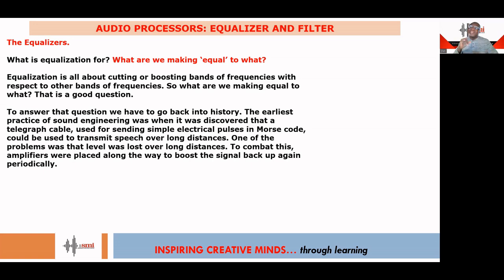This is how the equalizer was invented. Majorly, it's not for audio engineering at all. It's not for us using the studio to produce music or something like that. Let us look at how it came into being. The earliest practice of sound engineering was when it was discovered that a telegraph cable used for sending simple electrical pulses in Morse code could be used to transmit speech over a long distance.